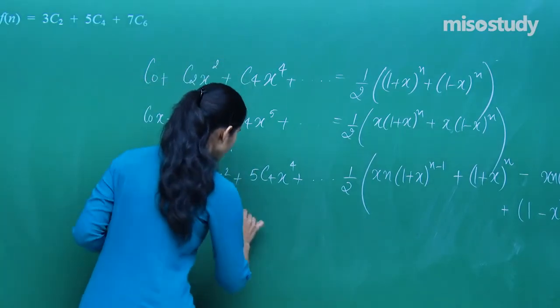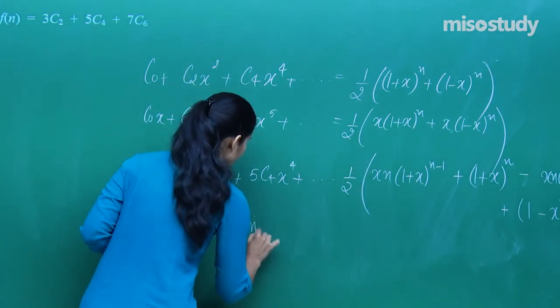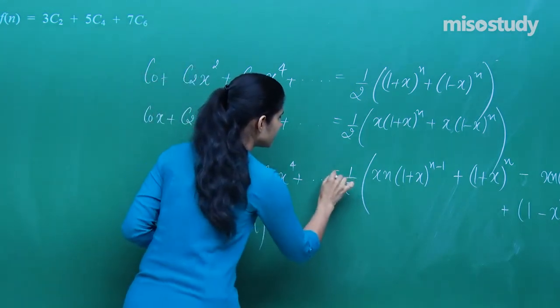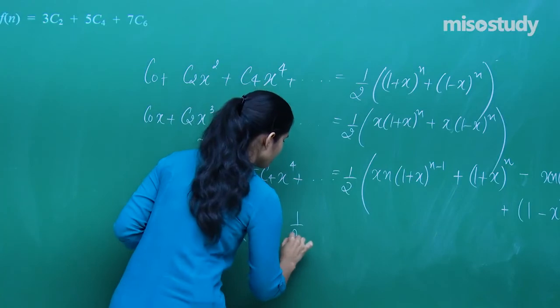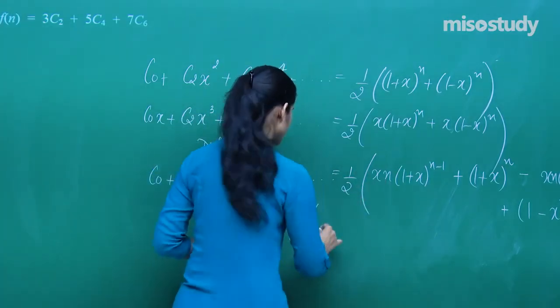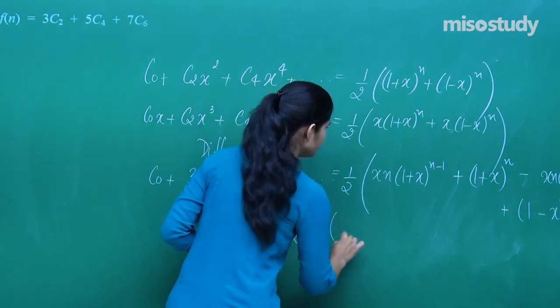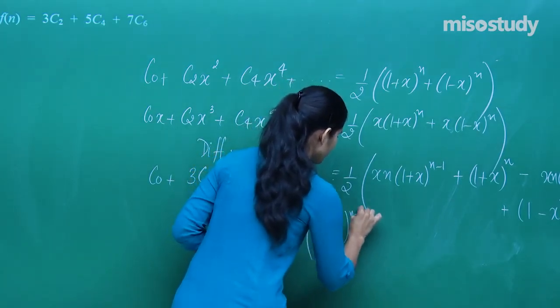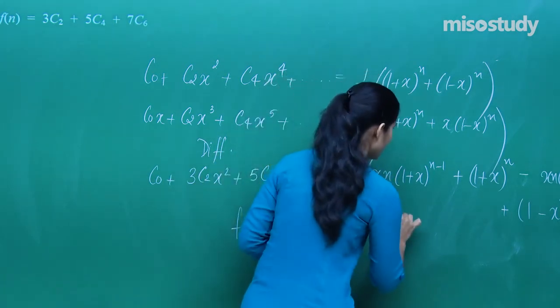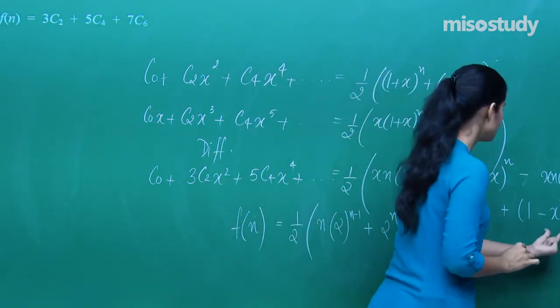Fine, the moment you get this expression for x equals 1, what is it that you get in here? You get 1/2. For x equals 1, you get n into 2^(n-1) plus this is 2^n, this is 0, this is 0.